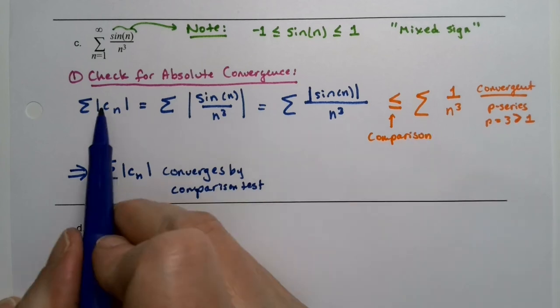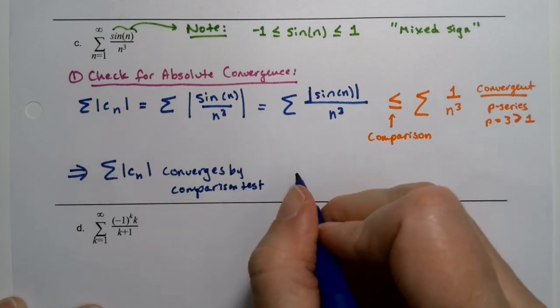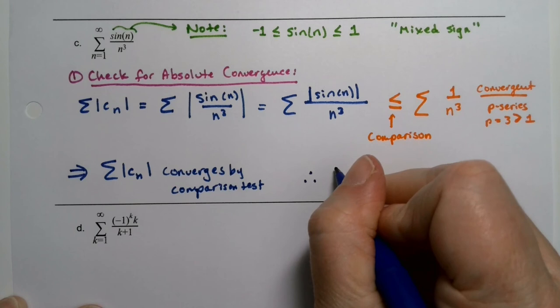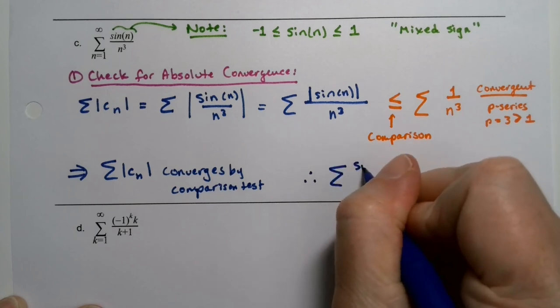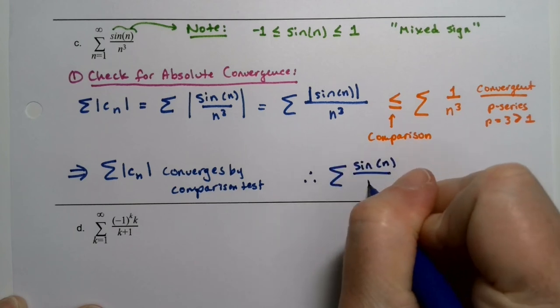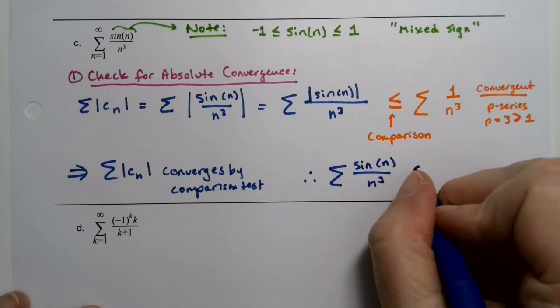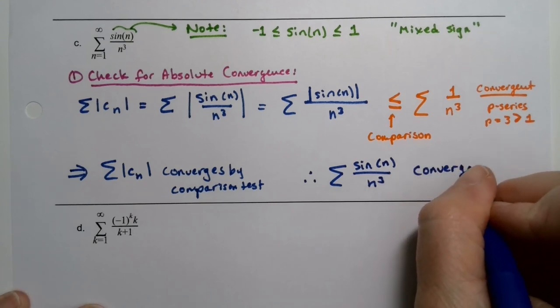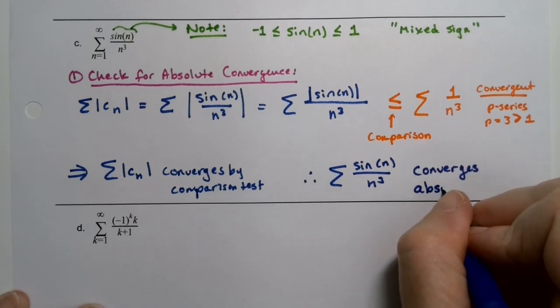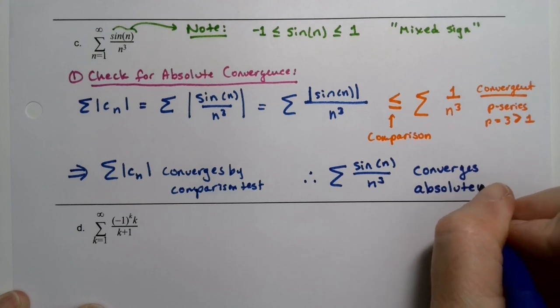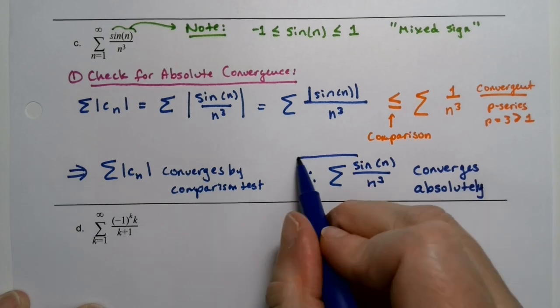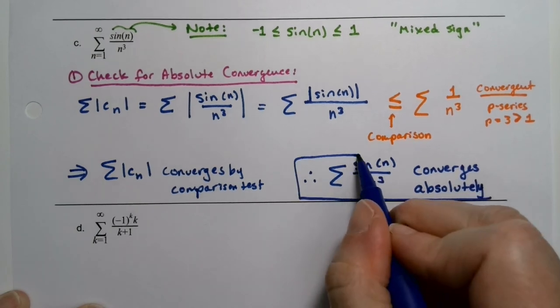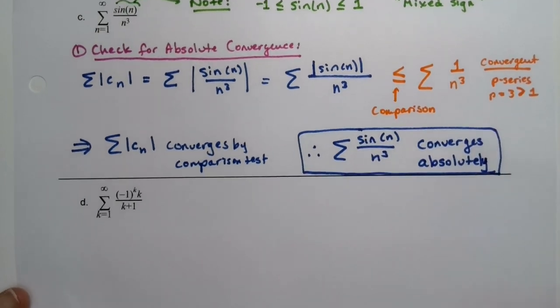So this bit converges by the comparison test, and therefore our original series, which was sine of n over n cubed, converges absolutely, because the absolute value converges by the comparison test. Therefore, the mixed sign portion also converges.